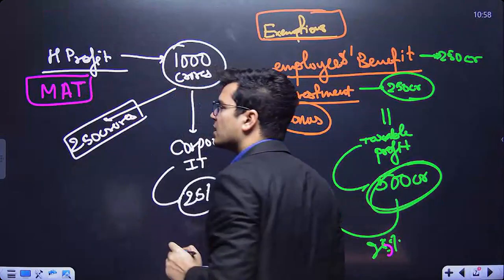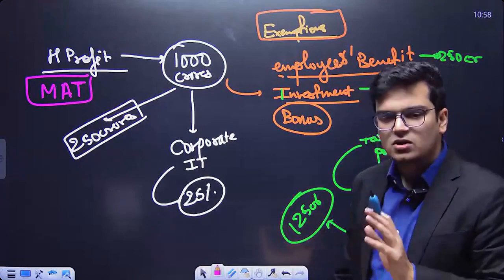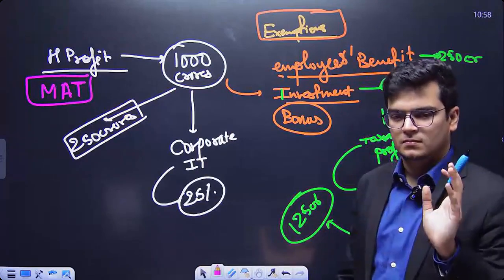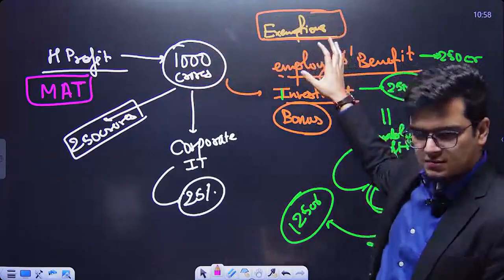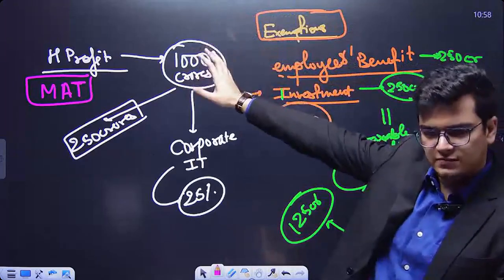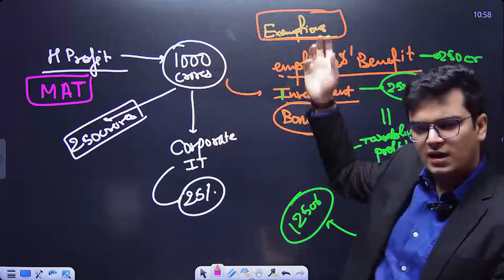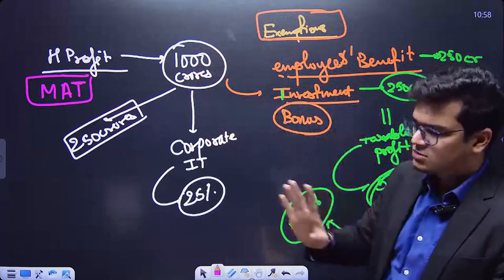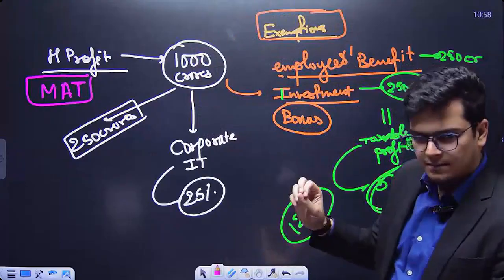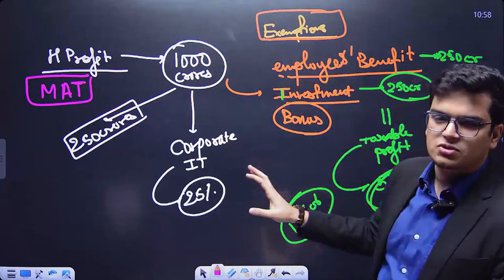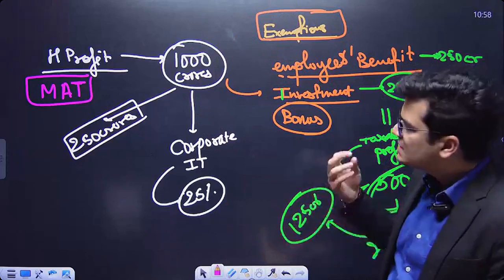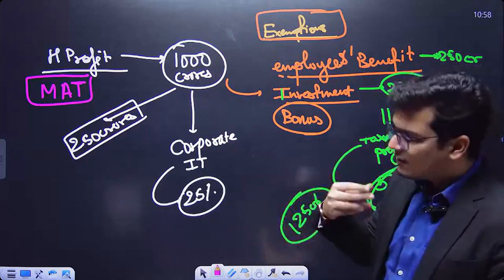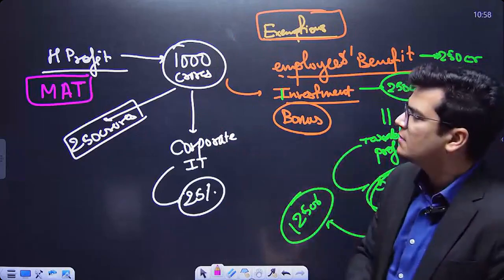Minimum alternate tax is that whatever your total profit before exemptions, here total profit before exemption is 1000 crores. You can claim as many exemptions as you want. That is totally up to you. But after claiming these exemptions, if the final income tax that you're paying is less than 18%, then you will have to pay 18%.